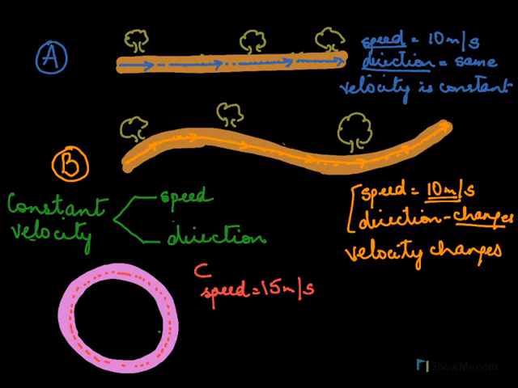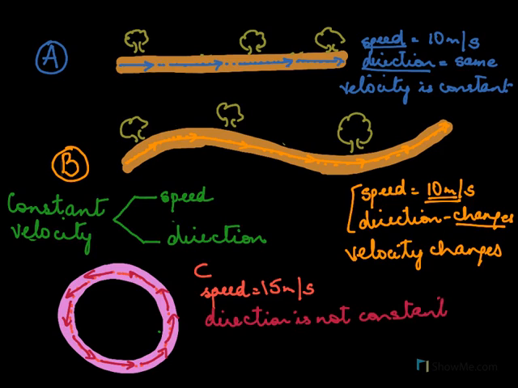Now what happens to the direction of this body? At this place, the direction is here. Have you seen? The direction is all the time changing. It's not constant. The direction keeps changing at every point. So although the speed is constant, the direction is not constant.